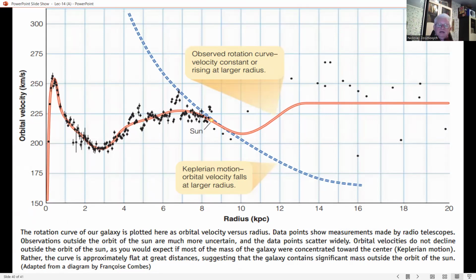The evidence is clear that extra mass lies in an extended halo, sometimes called a dark halo or galactic corona. It may extend up to 10 times farther than the edge of the visible disk and could contain up to 2 trillion solar masses.